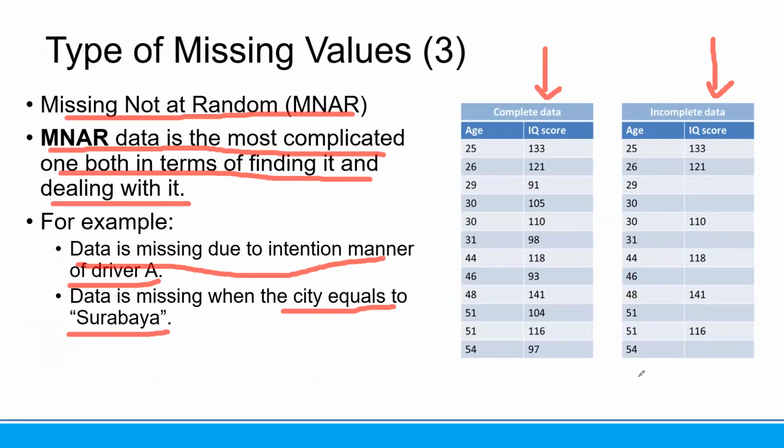So the missing value happens on the people who have an IQ score below 110. So it means the people who have a low IQ score, they do not want to share the data. Okay. So this is very difficult to check. And because this is missing not at random, if you can find this kind of missing values or the patterns of these missing values, then you can replace the data later on.